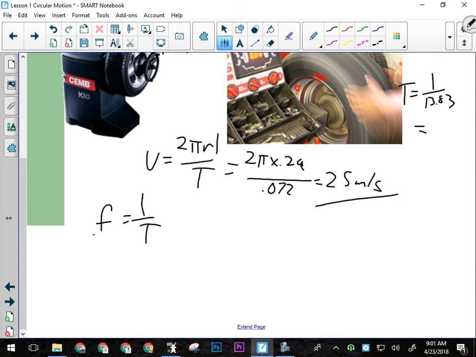And 1 over t is f. So I could have just as easily said that, and save myself a step. Only one of those ends up on your formula sheet, and you're kind of expected to be able to figure that manipulation out on your own. And if not, then you just do the extra calculations, no big deal.